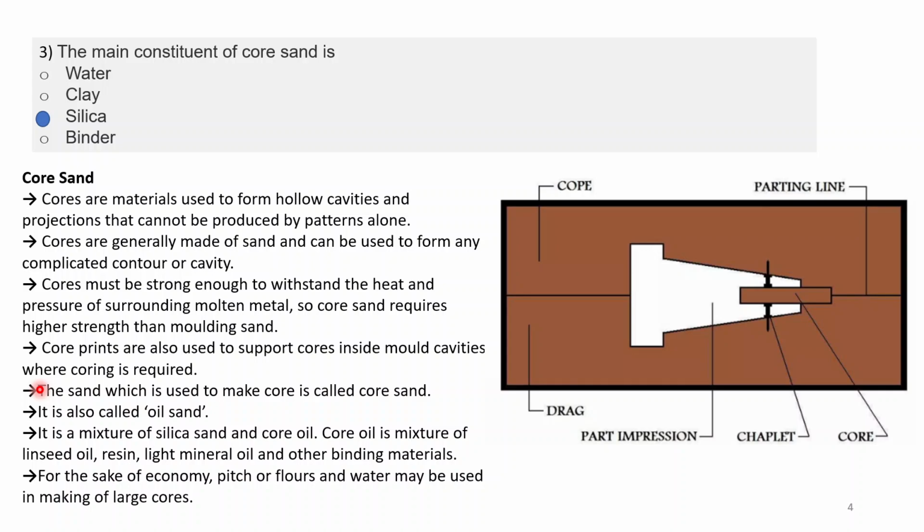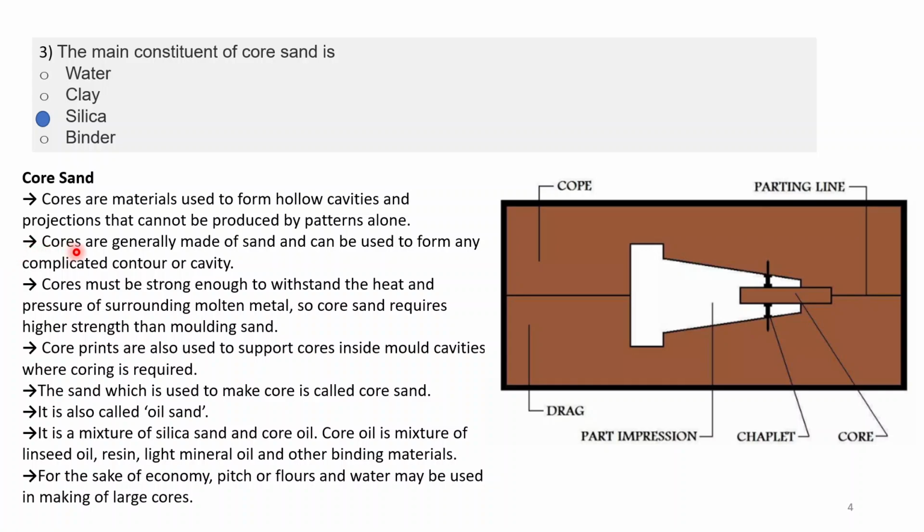Okay, so here in this figure, this part which helps in making hollow shapes will be your core. For supporting this core, you use chaplets, and the prints here will be core prints. The cores are used to form hollow cavities and projections that cannot be produced by patterns alone.